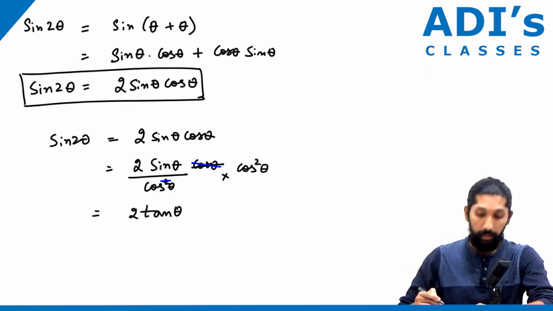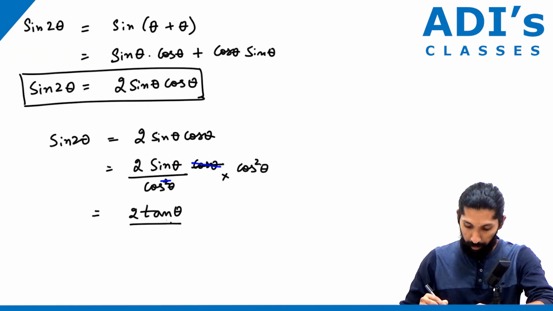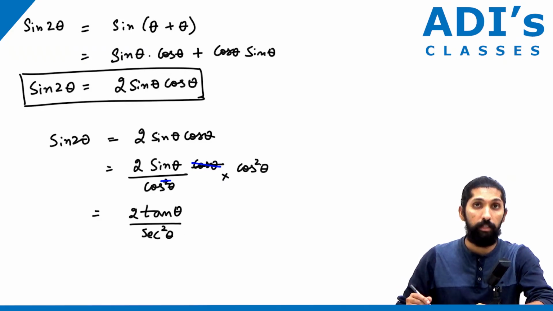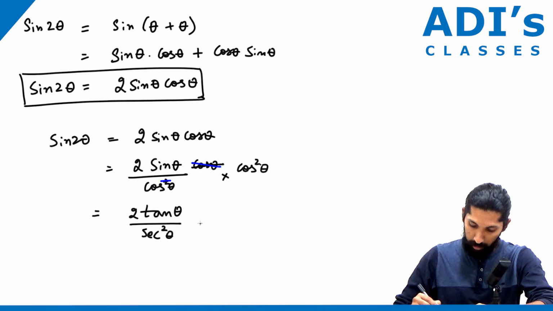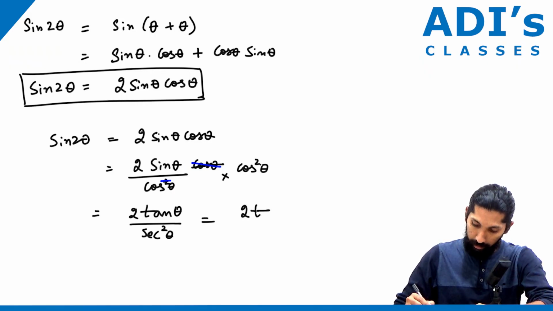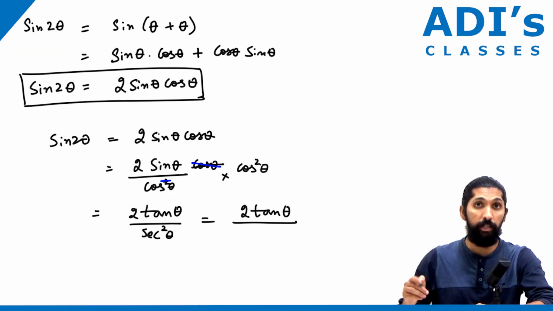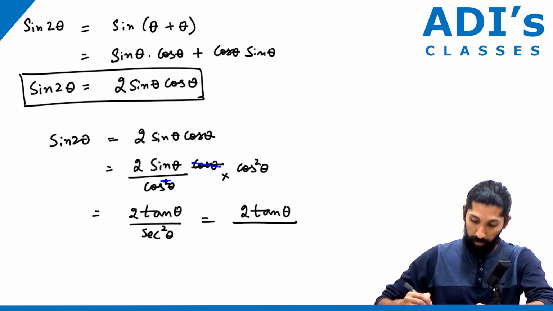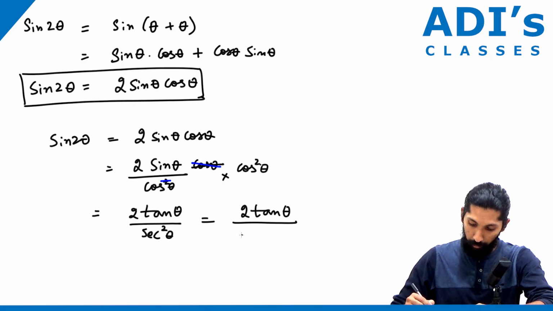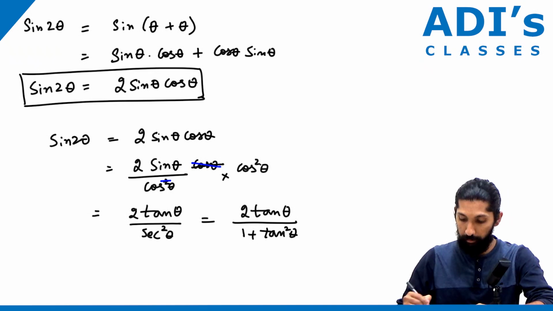That cos square theta, we can also write as divided by secant square theta, because cos square theta is 1 by secant square theta, isn't it? Now this is equal to 2 tan theta by, remember the identity of secant square and tan square, so 2 tan theta divided by 1 plus tan square theta. Fair enough?